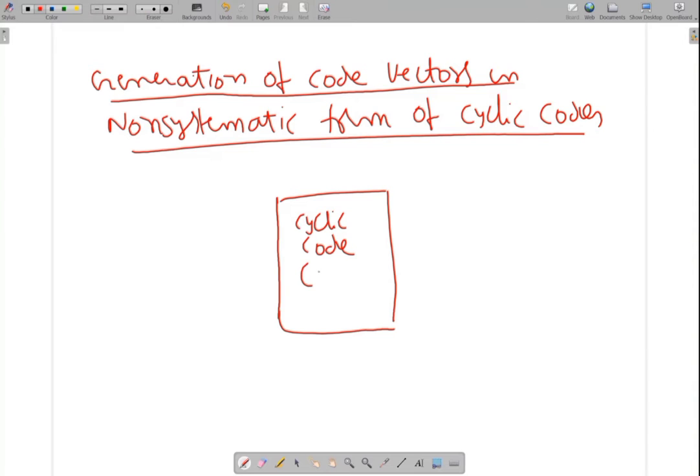Cyclic code is represented by n comma k. The number of parity bits q is equal to n minus k.